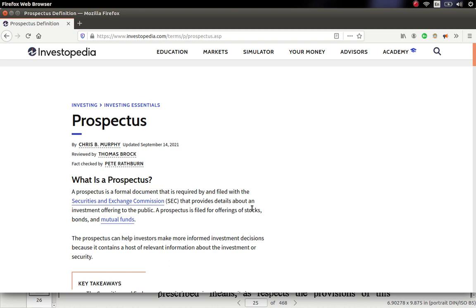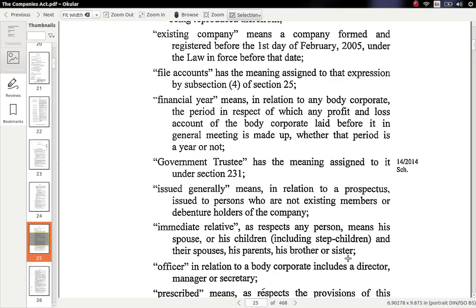A prospectus is filed for offering of stocks, bonds, and mutual funds. The prospectus can help investors make more informed investment decisions because it contains a host of relevant information about the investment or security. Okay, so that applies to public companies. They want members of the public to invest. They put the document together, inviting them to invest and telling them why they can trust that company to invest in. Alright.